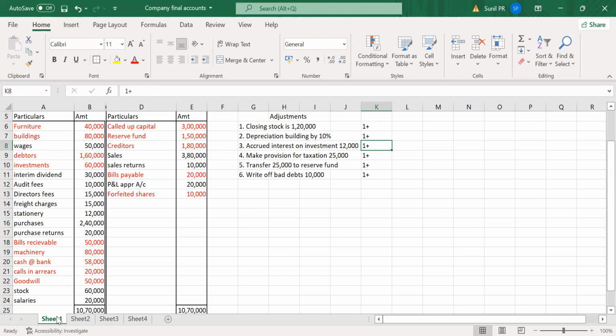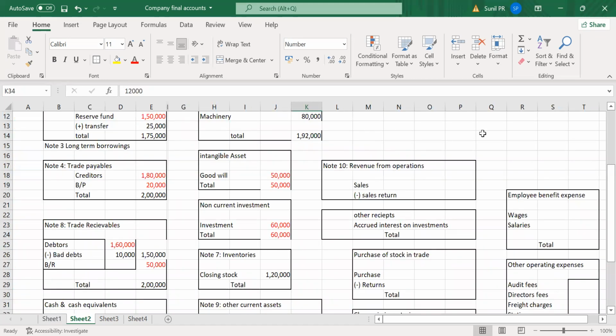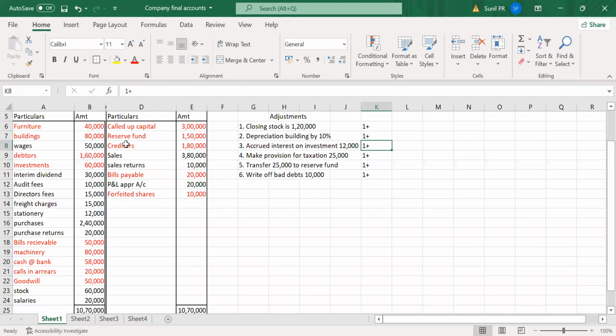Income statement, profit before tax. Before that, revenue from operations. It starts from revenue from operations. You remember? How do you get revenue from operations now? I told you this, note 10, revenue from operations. So it is nothing but sales minus sales return is called as revenue from operations.